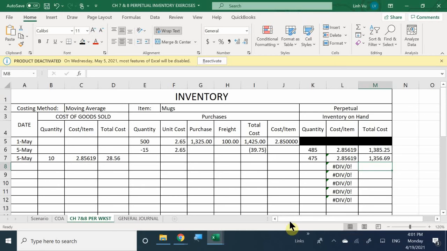Okay, let's try that again. So we're subtracting these two numbers, right? We started with 1385.25, and we're subtracting out the 28.56. So we should have how much left? Okay. I missed my worksheet, so I need to fix it really quick. Okay.